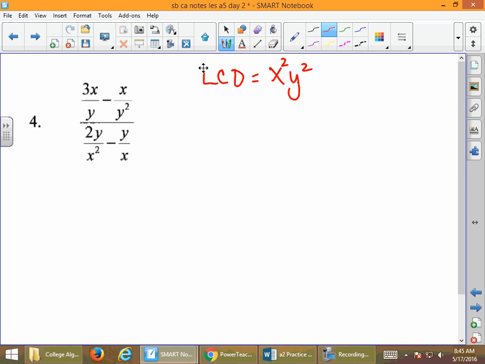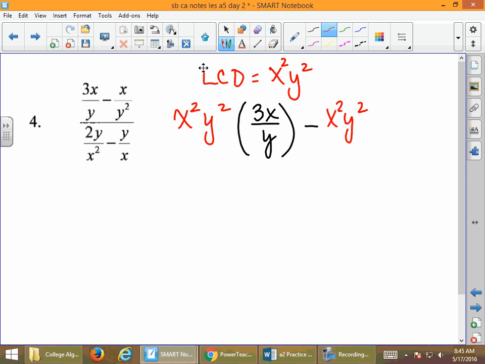It doesn't matter. What we're going to do then is we're going to multiply every fraction in here by x squared y squared. It's going to be x squared y squared times 3x divided by y minus x squared y squared times x divided by y squared.